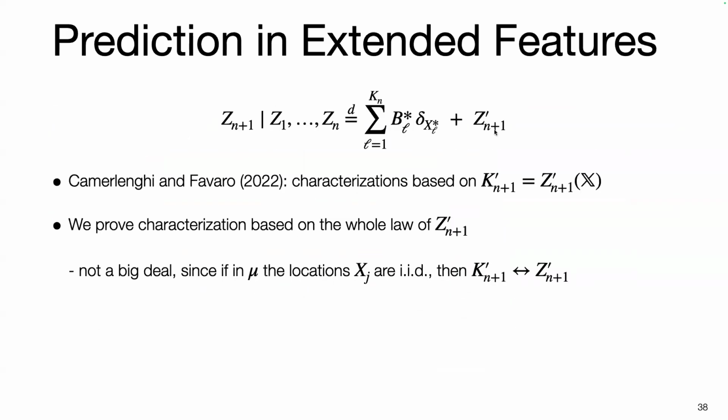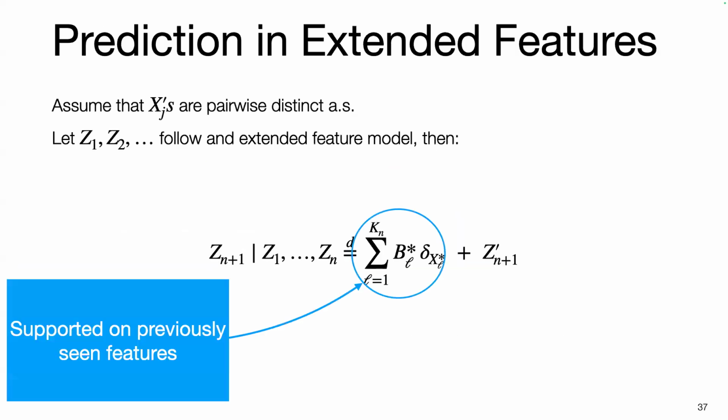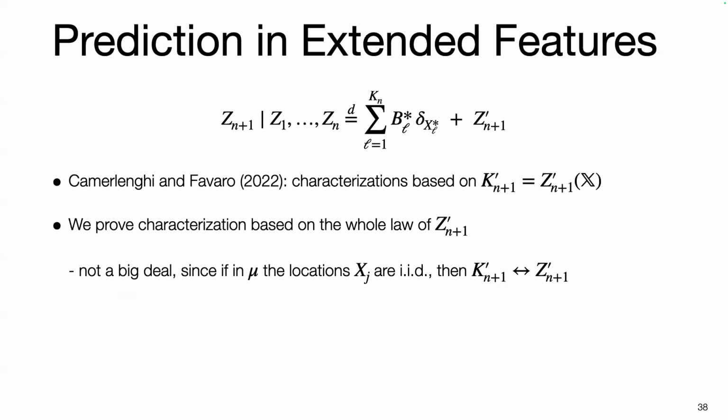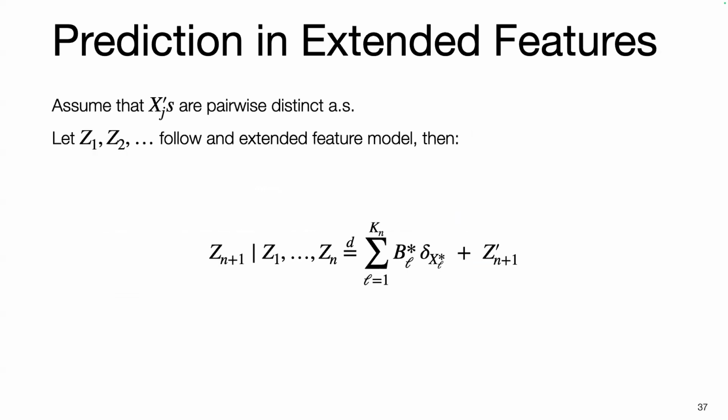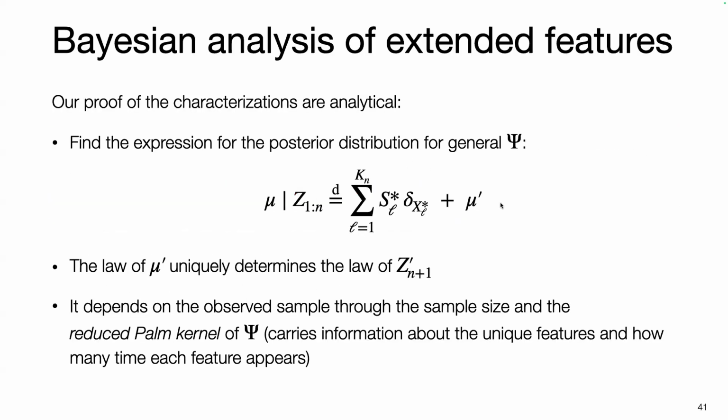What you get is that mu prime possibly belongs to the same class of priors that you were assuming, but the whole posterior is not again a mixed Poisson process or a mixed binomial process. While they have conjugacy, meaning that the distribution of mu and not of mu prime is again a completely random measure, where these are the fixed atoms of the completely random measures.